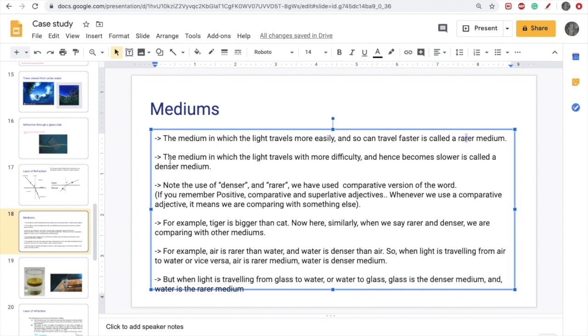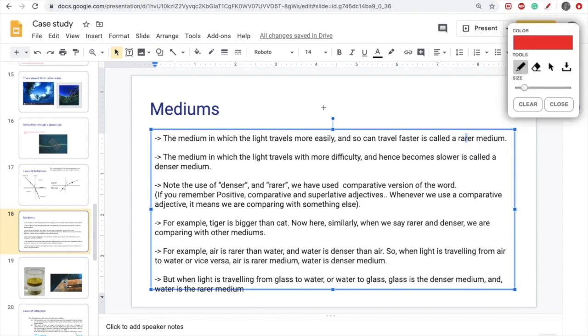Let us see. If the light is traveling from one medium to another medium, let me draw this. This is the surface, this is medium 1, this is medium 2, and light is traveling from one medium to another. If it is traveling more easily here and after it enters the second medium it becomes more difficult for light to travel and it becomes slower, then medium 1 is the rarer medium and medium 2 is the denser medium.